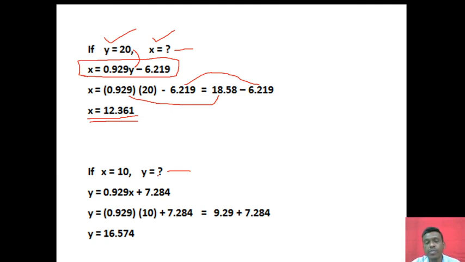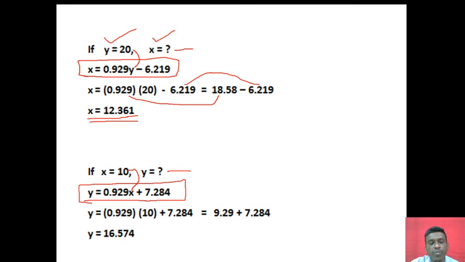The next thing is, if x equal to 10, what is the value of y? Here y equal to something, so y equal to a function of x. That means y is dependent on x, that is y on x you need. So this is the equation which we have found out, y equal to 0.929x plus 7.284. Just substitute the value of x here. x is equal to 10 in this case.